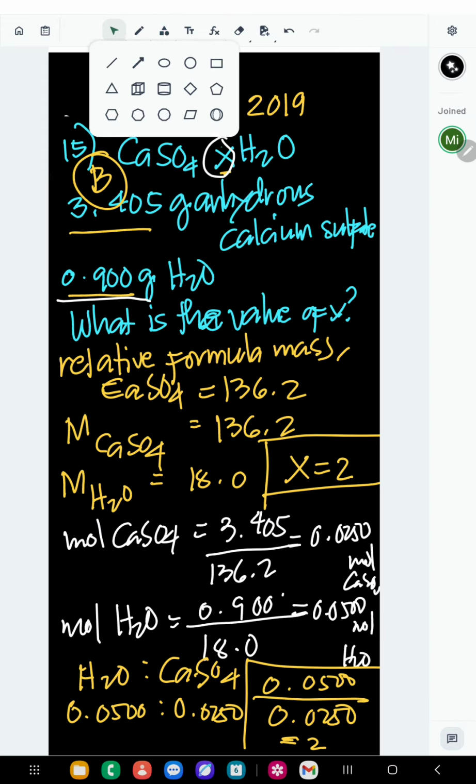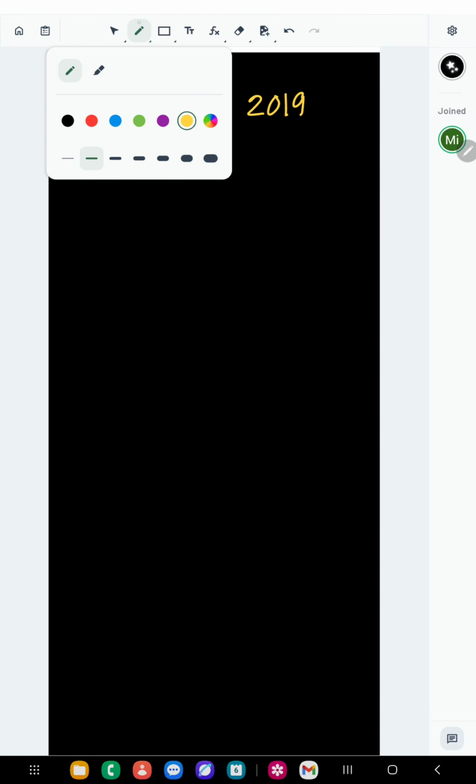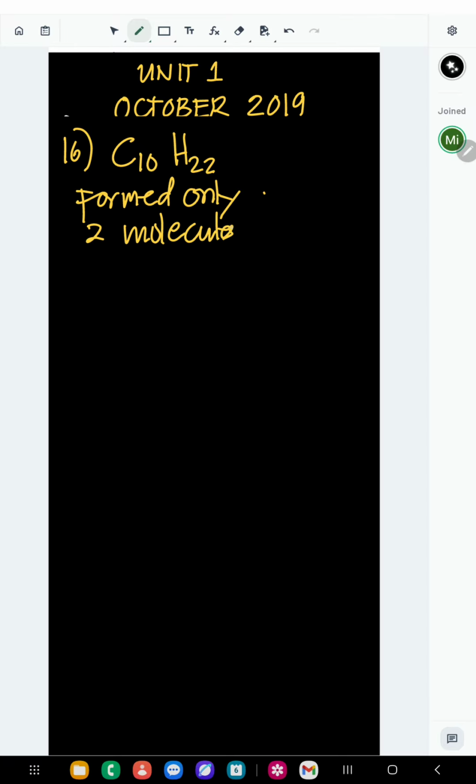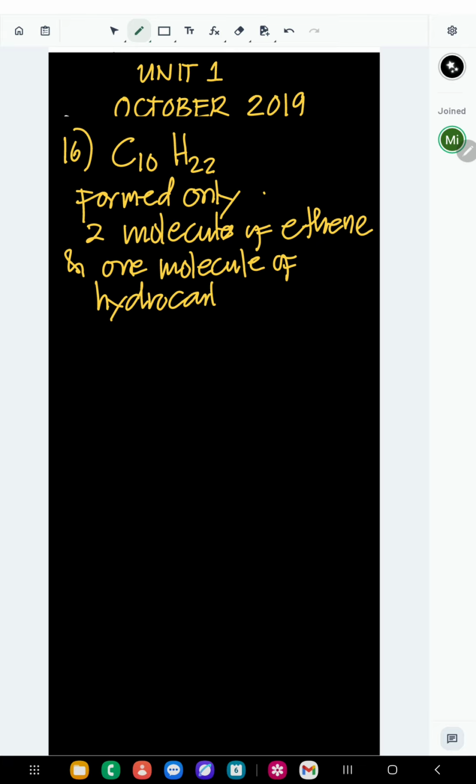Now let's answer number 16. During a cracking reaction, each molecule of an alkane with formula C10H22 formed only 2 molecules of ethene and 1 molecule of hydrocarbon A. What is the molecular formula of A?